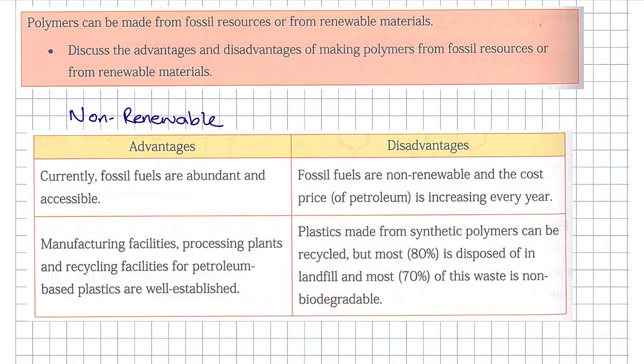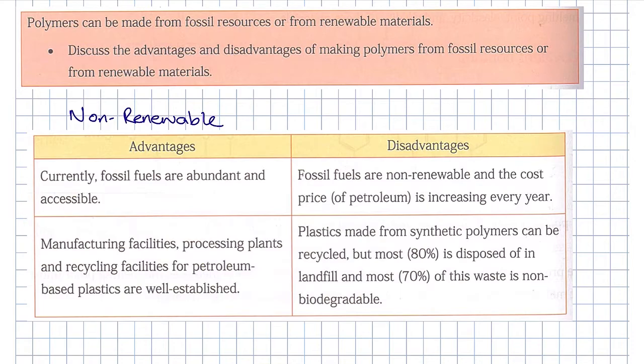The last couple of bits about this should realistically be quite general knowledge that you've talked about before. What's the problem with these polymers? What are the advantages and disadvantages of them?